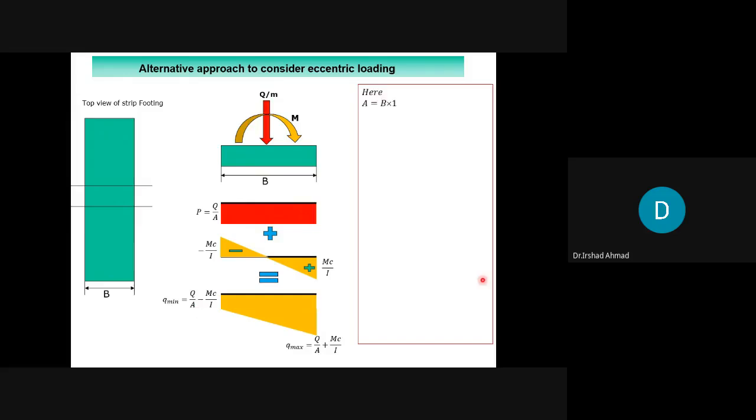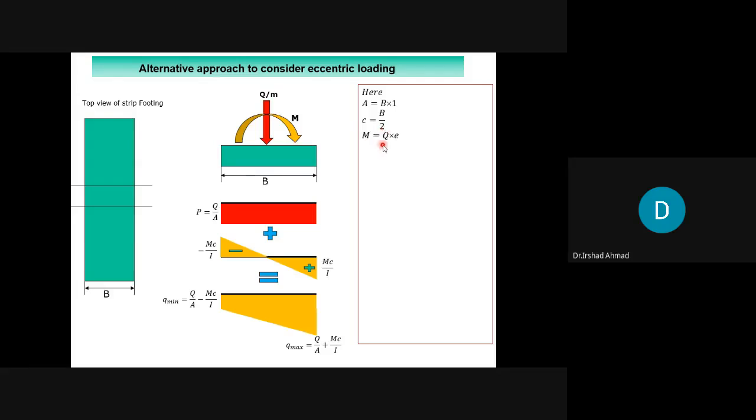Now, we know area is B into 1. C is B by 2. C is the distance from the neutral axis to the farthest fiber of the soil under the foundation.